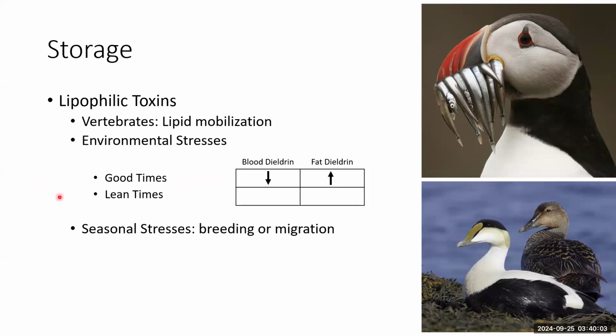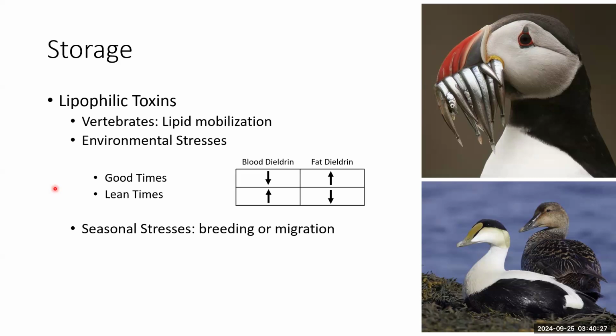And then in bad times, there's not a lot of fish. You're trying to mate, you're trying to sit on an egg and you can't go hunt for fish. It's extra cold. Maybe there's a storm. Things are not great. When it's lean times, those puffins are going to call on their fat deposits.